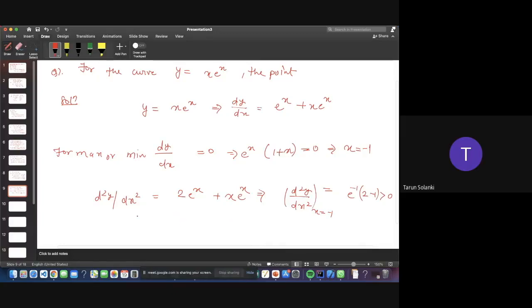So we can say x is equal to minus 1 is a point of local minimum, right?